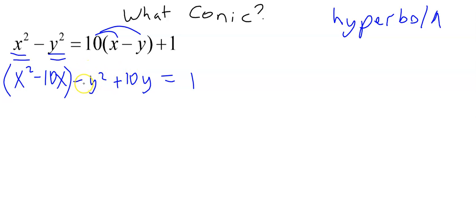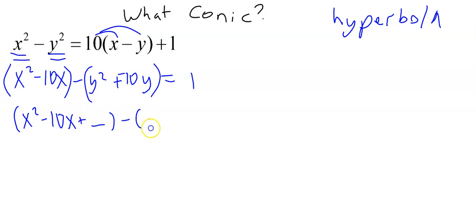So if I put a minus sign in between, I'm okay with that, but I've got to change that sign to negative. So now let's try to complete the square here. So I get x squared minus 10x plus blank minus y squared minus 10y plus blank equals 1.